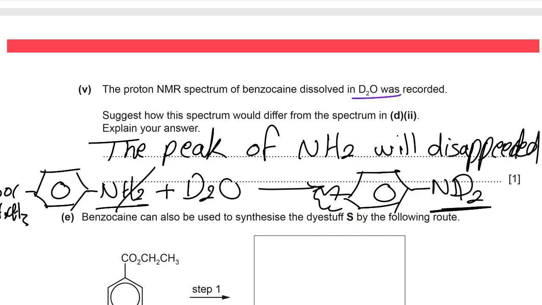Deuterium is 1 proton, yes, but the nucleon number is 2. So this one will not be detected in the NMR. So we have lost this peak, which is responsible for NH.